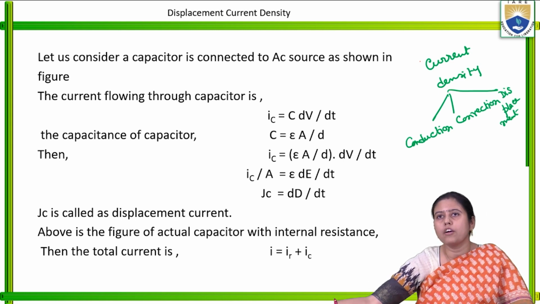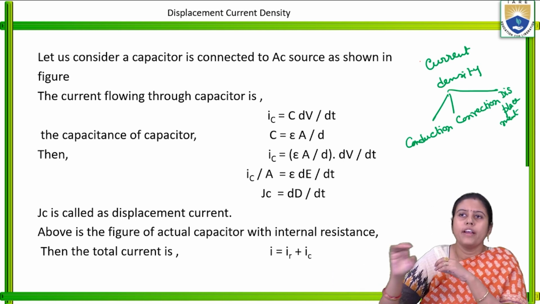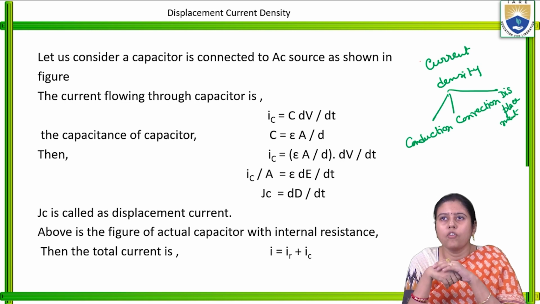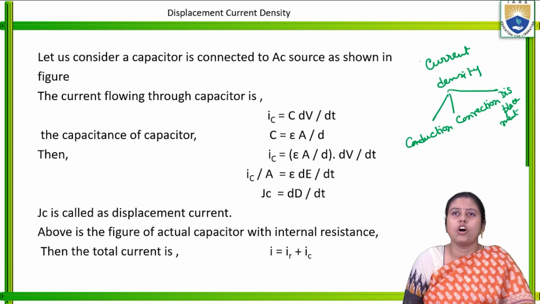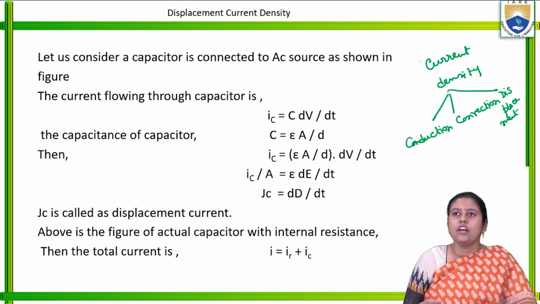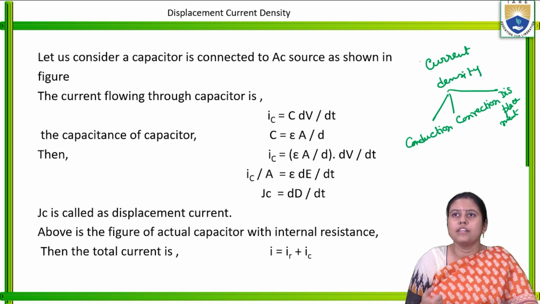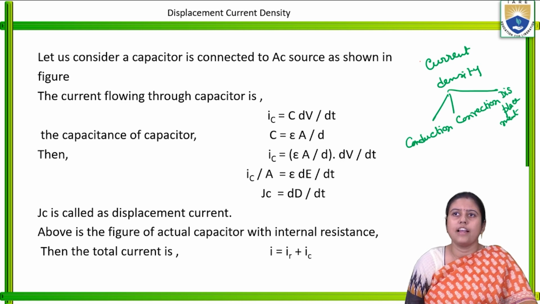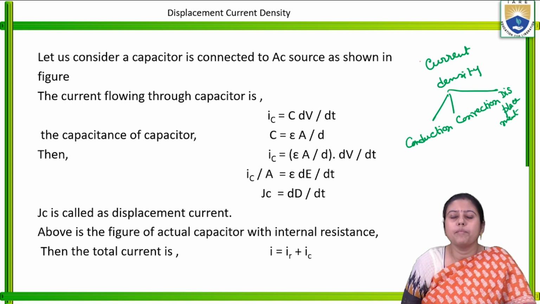What is the meaning of the conduction current density?